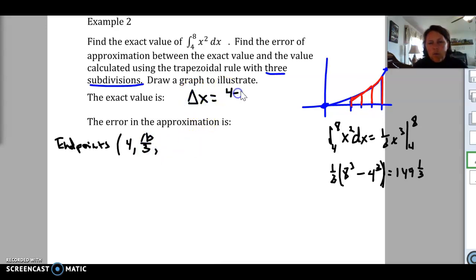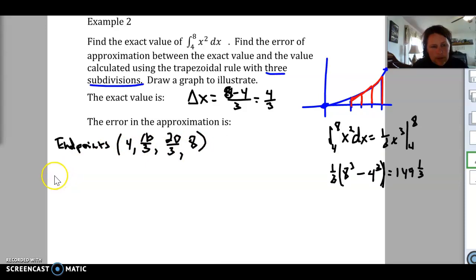So delta x is 8 minus 4 over 3, which is equal to 4/3. Okay, so I'm going 4/3 every time. So 4 is the first one, then 4 plus 4/3 is 16/3, and then plus another 4/3 is going to be 20/3, and then the next one is going to be 8. Okay, so between 4 and 8, that is what we end up with for our endpoints.